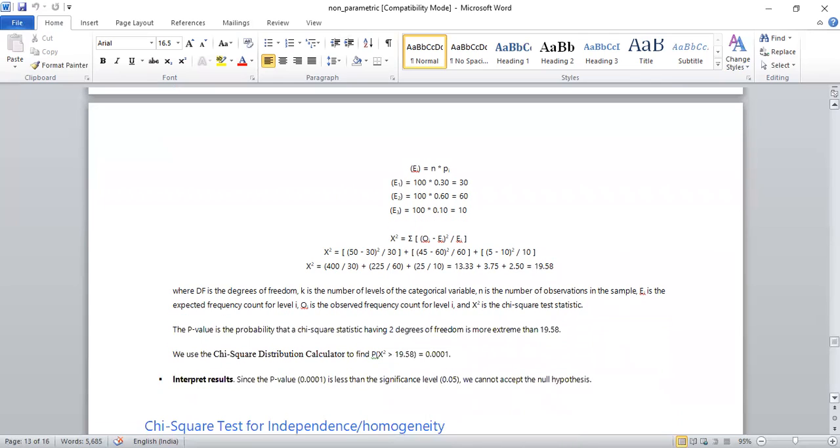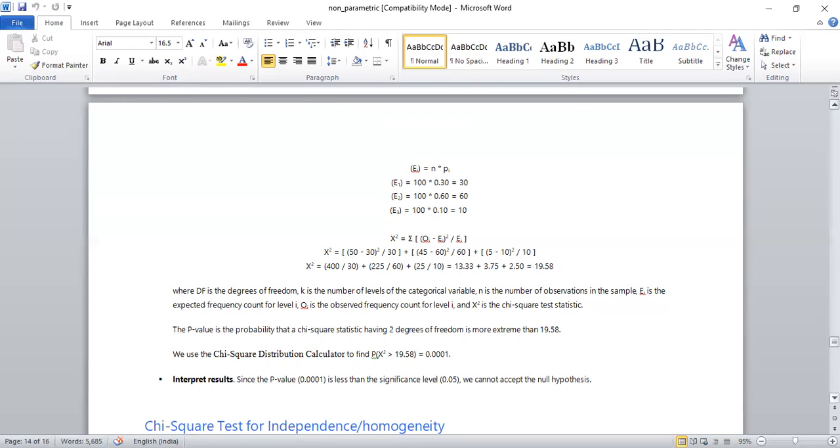So the p-value is the probability that a chi-square statistic having 2 degrees of freedom is more extreme than 19.58. We use the chi-square distribution calculator to find P of chi-square greater than 19.58, which is equal to 0.0001.